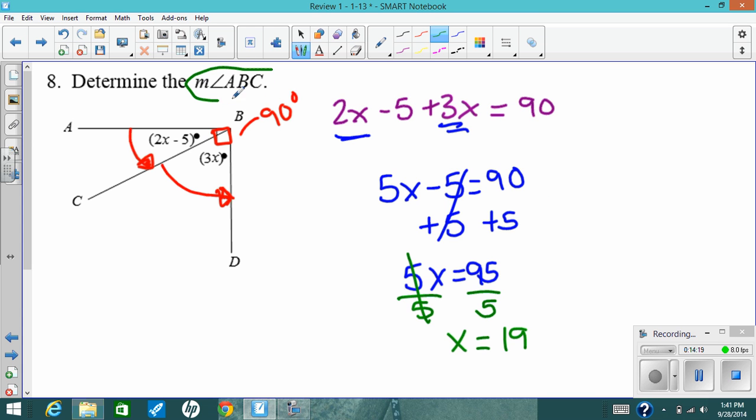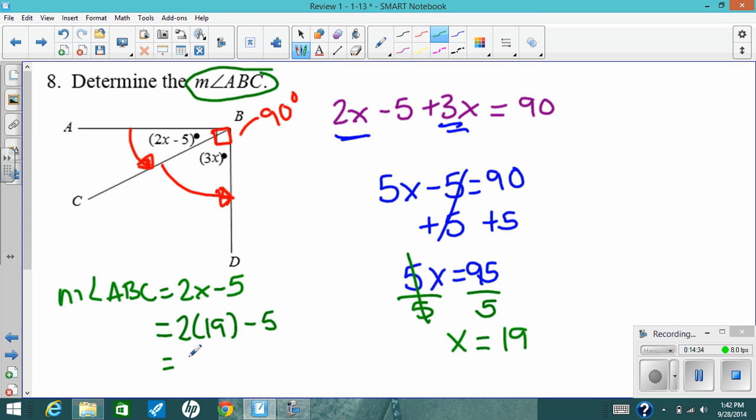That's not our answer. We're looking for the measure of ABC. That's 2x minus 5. So we'll plug in 19 for x. We'll get that the measure of ABC is 33 degrees.